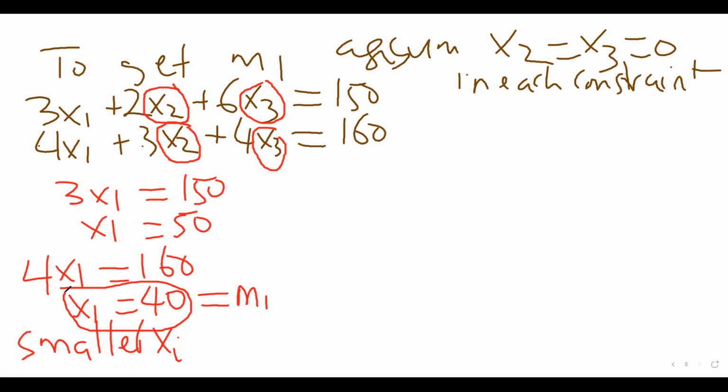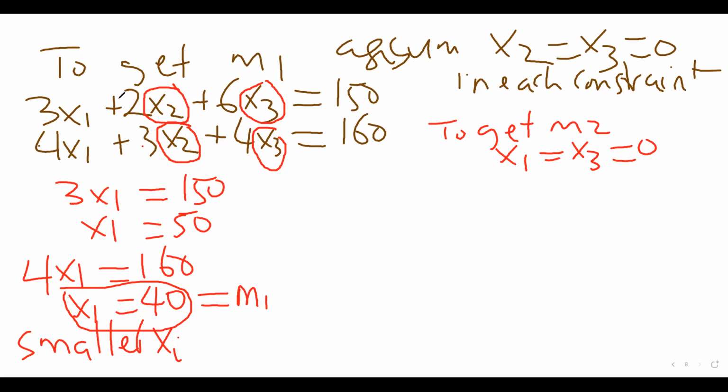Now to get m2, this time you have to assume that x1 and x3 are 0, and find the value of x2. So you go to the same constraint here. Wherever you see x1 and x3, they are going to be 0.